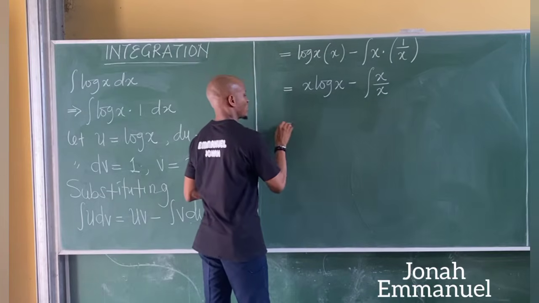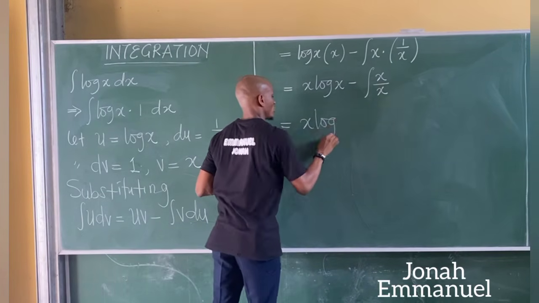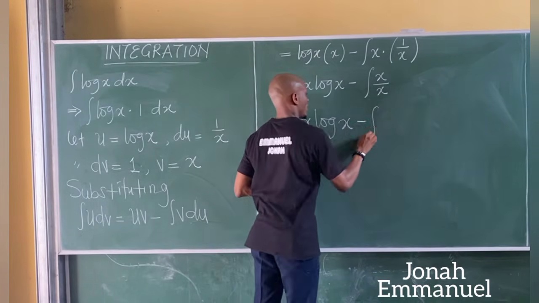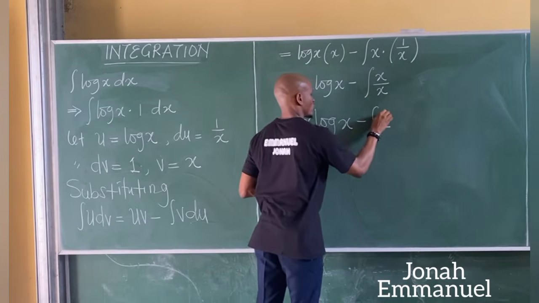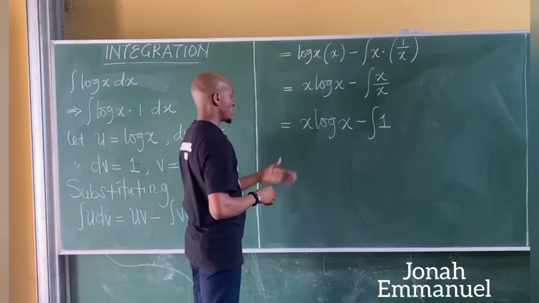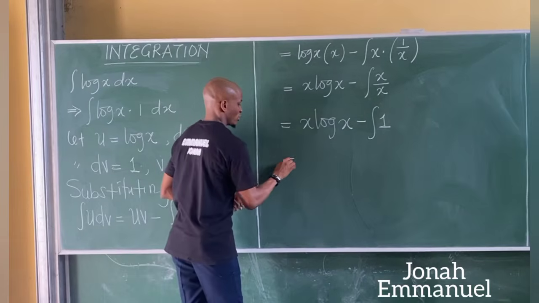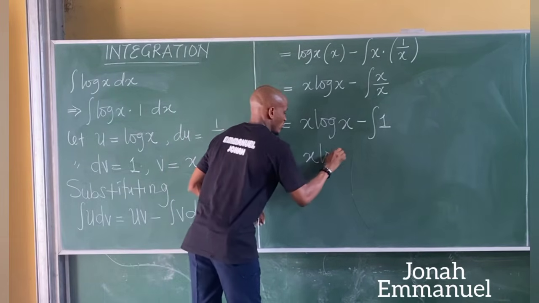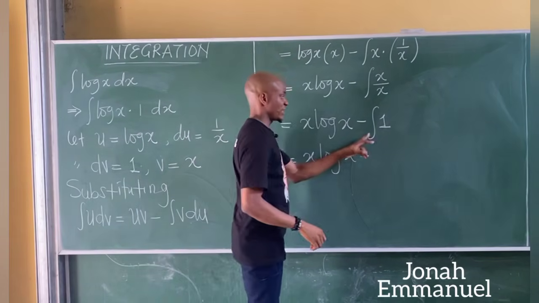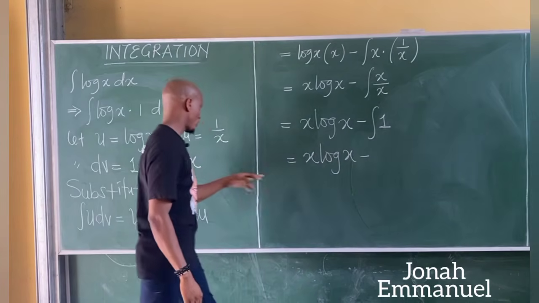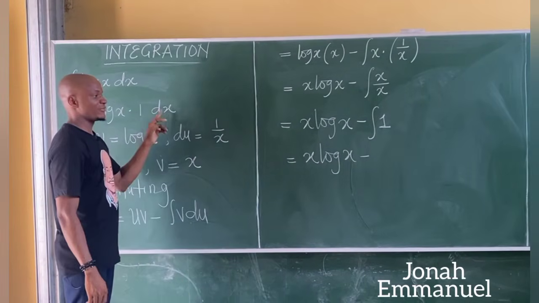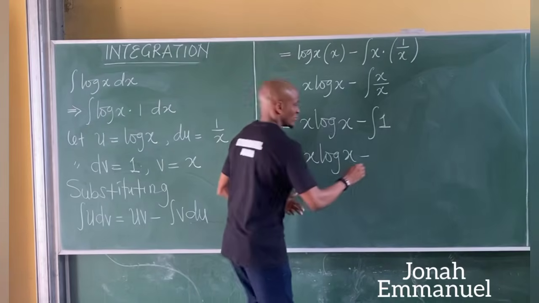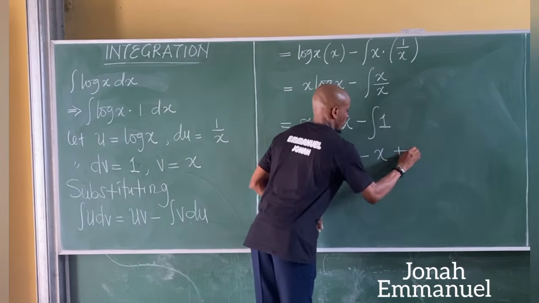Simplify this, I'm having this is equal to x log x minus x over x, which obviously gives 1. Alright, if I work on this now, this will be equal to x log x minus, if I integrate 1 with respect to the integral variable x, I'll have x. So it gives me x plus c.